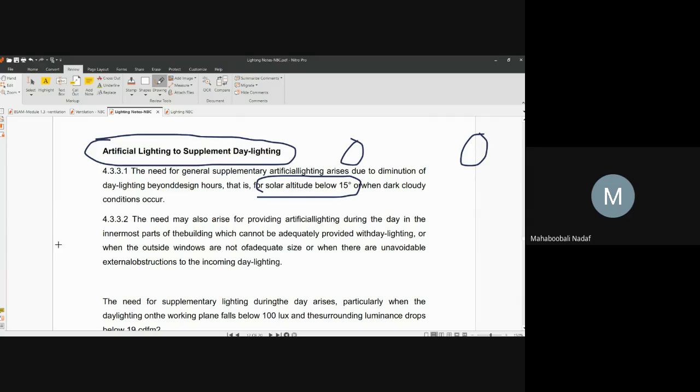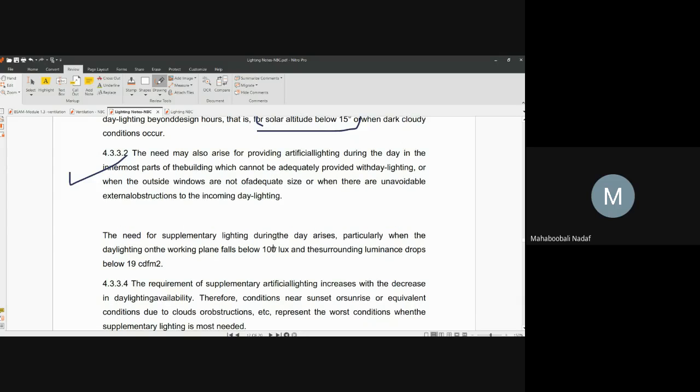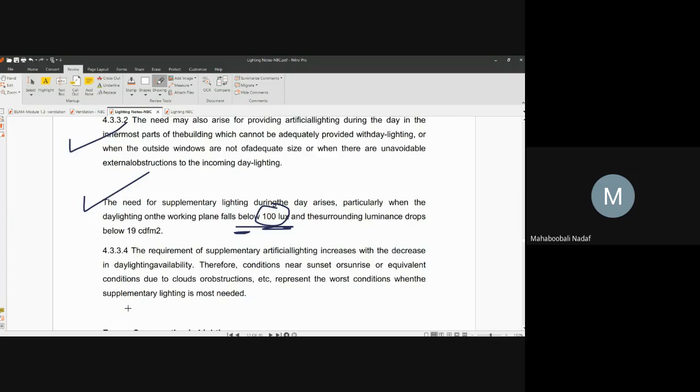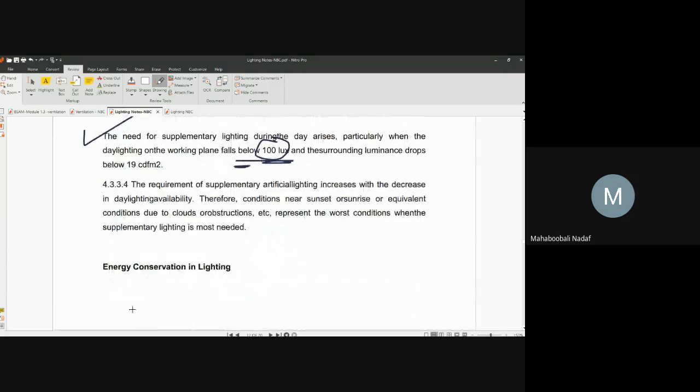The minimum requirement in any case, depending upon safety or ambient lighting, is 150 lux or 100 lux, which you can take as a standard. If the natural skylight falls below this intensity, then you have to go for artificial lighting. That is the point I wanted to make here. Is that okay for you all? Yes, sir.